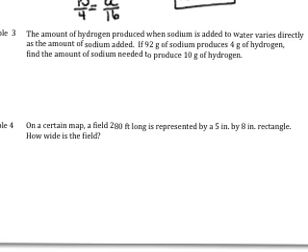Now we're going to get into some of the word problems, and I know the other ones seemed like word problems, but here's the word problems. The amount of hydrogen produced when sodium is added to water varies directly as the amount of sodium added. If 92 grams of sodium produces 4 grams of hydrogen, find the amount of sodium needed to produce 10 grams of hydrogen.